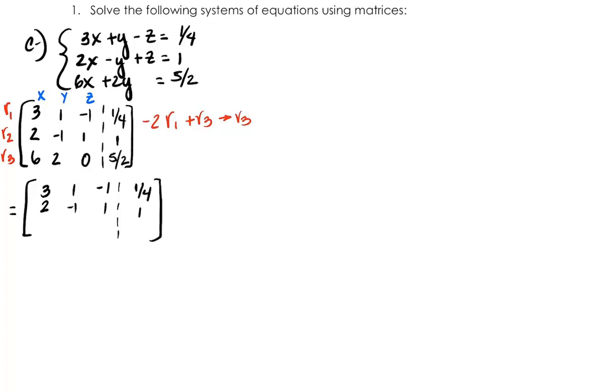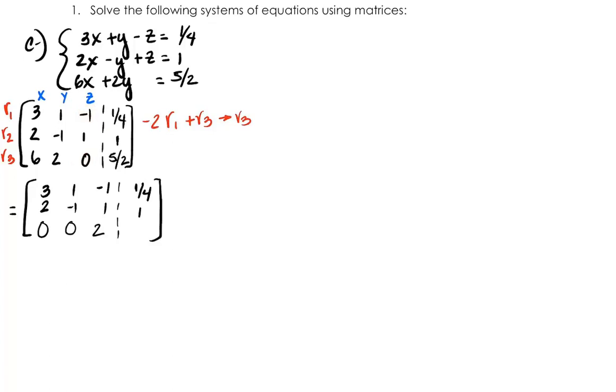-2 times 3 is -6, plus 6 is 0. -2 times 1 is -2, plus 2 is 0. -2 times -1 is 2, plus 0 is 2.